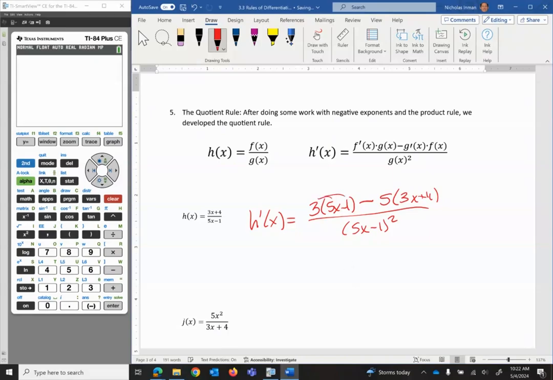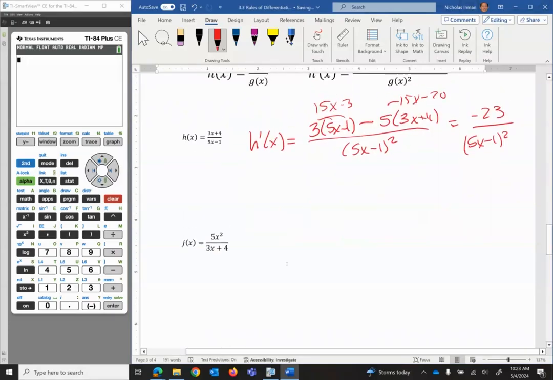We can distribute. 15x minus 15x will actually cancel out, and negative 20 and negative 3. So it won't always cancel out like that, but this one did. So we have our derivative.